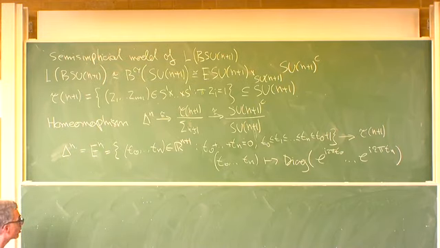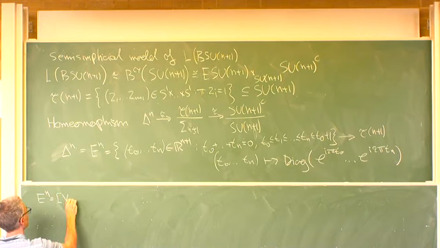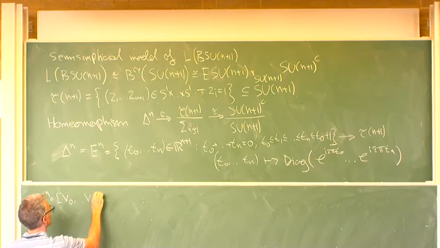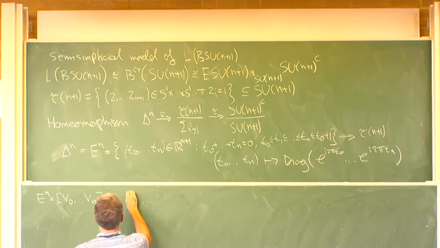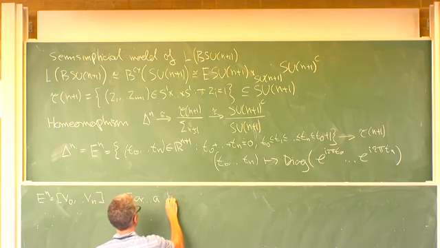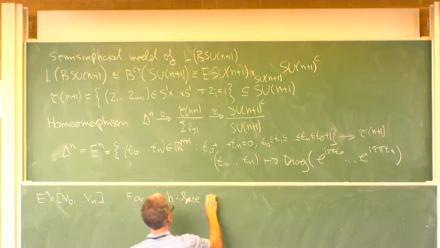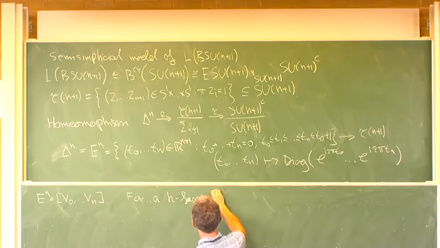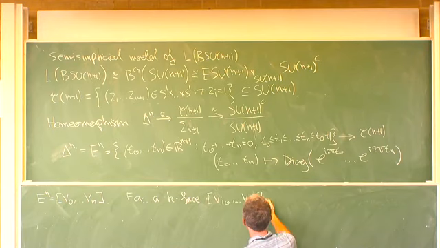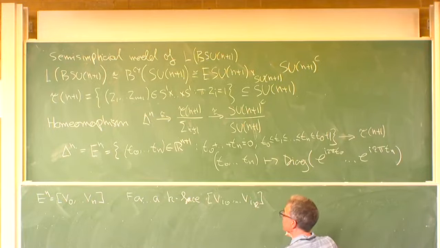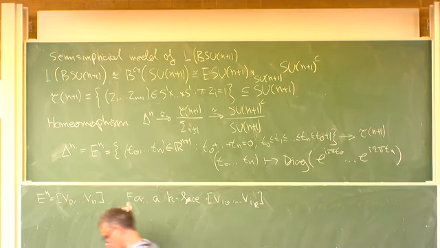Let's call the vertices of this simplex V_0 up to V_n. Then if we are given a face, or a k-face, it has the form V_{i0} up to V_{ik}. There are two things that hold.